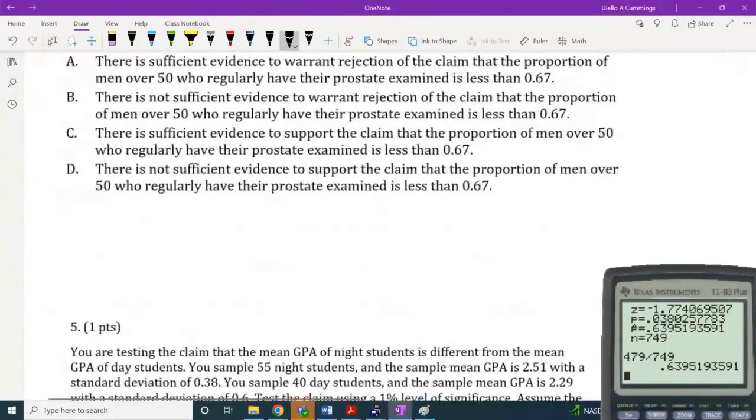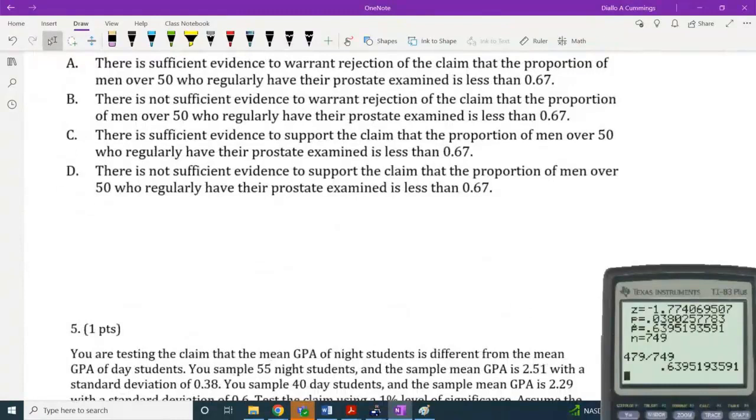And in our conclusion, I believe it's going to be D, because we're going to use there is not enough evidence. So we can narrow it down to B and D because they actually start with there is no significant evidence.